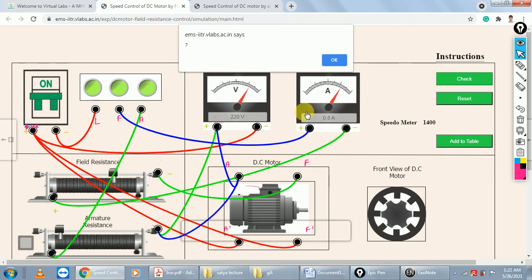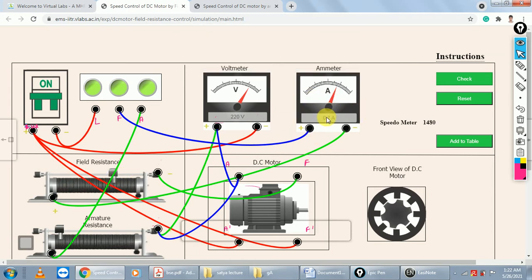Again increase the value of field resistance, so your current IF decreases. IF decreases means the speed increases. Click on add to table. Okay, again field resistance increases means your current decreases. Current decreases means your speed increases here.